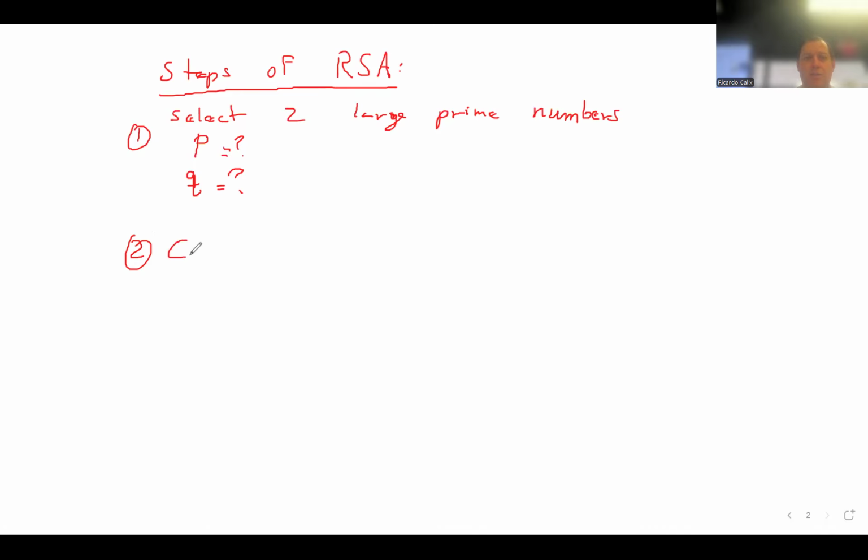So let's just say step 2 is calculate n, where n is actually equal to P times Q.